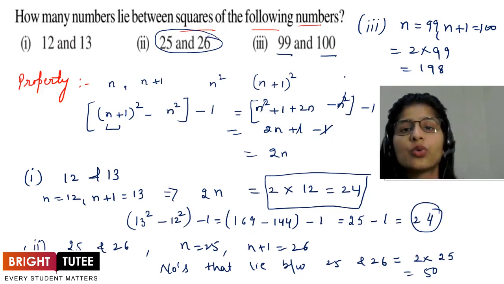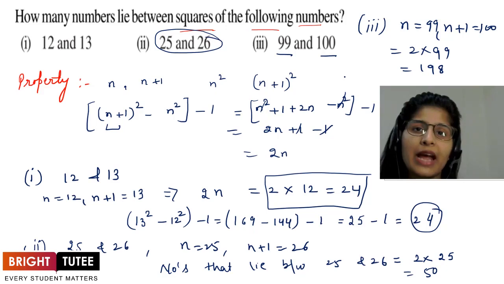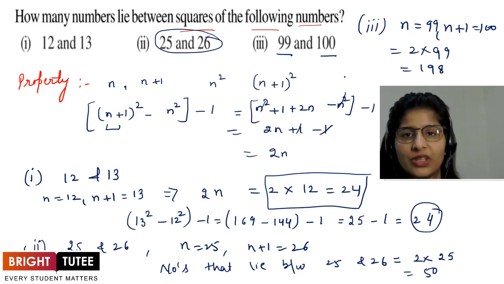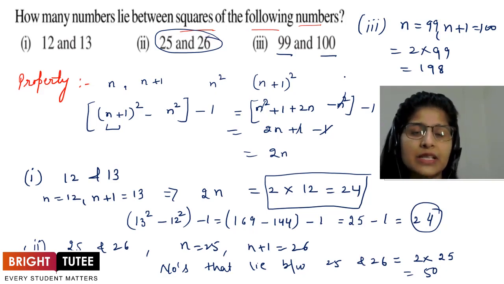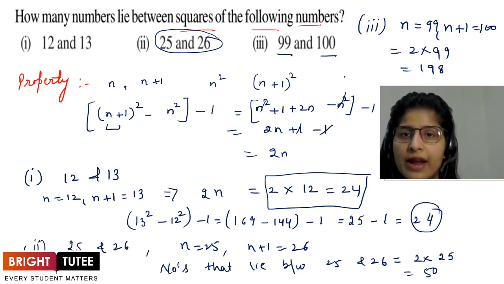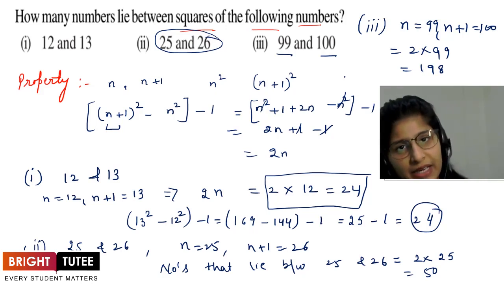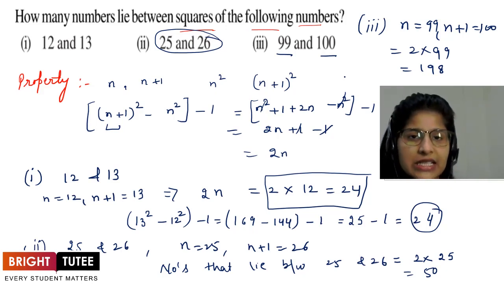You are not going to count each and every number and reach the result that these many numbers are lying between these two square numbers. We can just use 2n as the formula for finding the number of numbers that lie between the squares of two consecutive numbers. Clear?